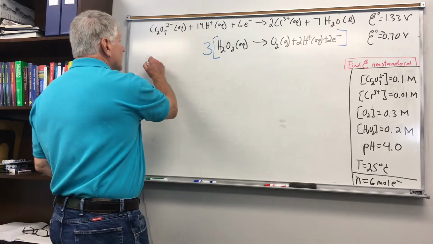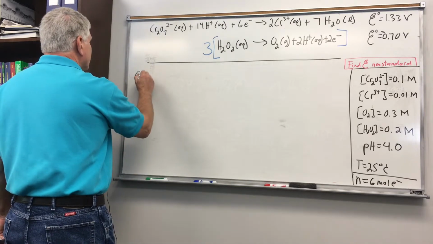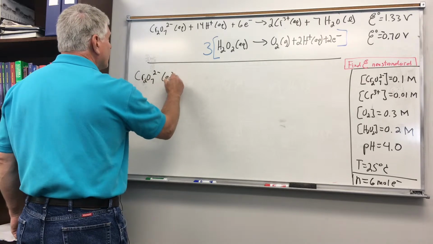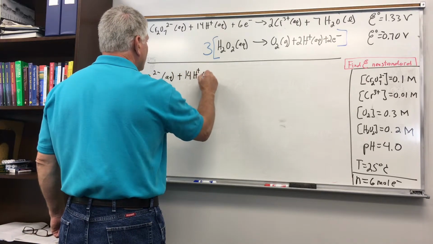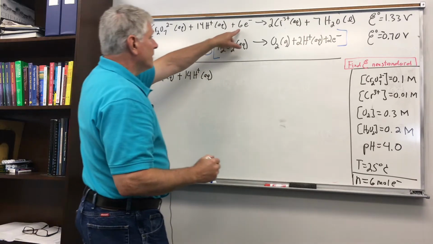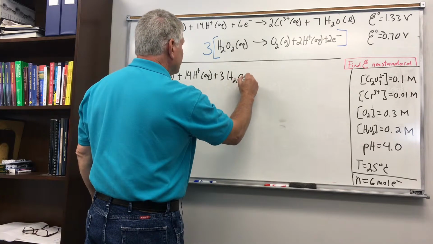Okay, so now I'll add these two half reactions. So I'll get the dichromate ion plus 14 hydrogens. The electrons cancel, plus 3 hydrogen peroxides.